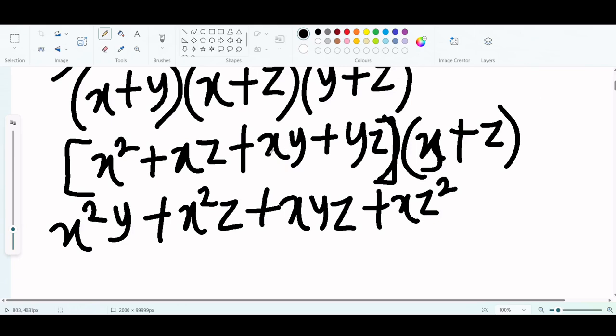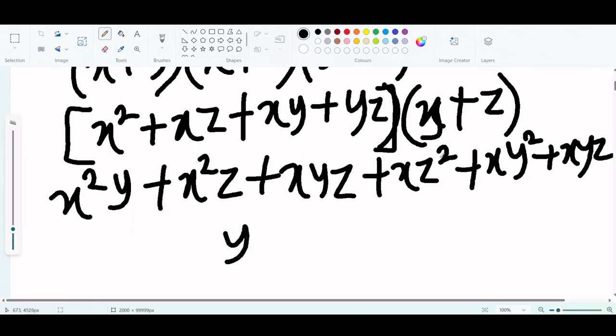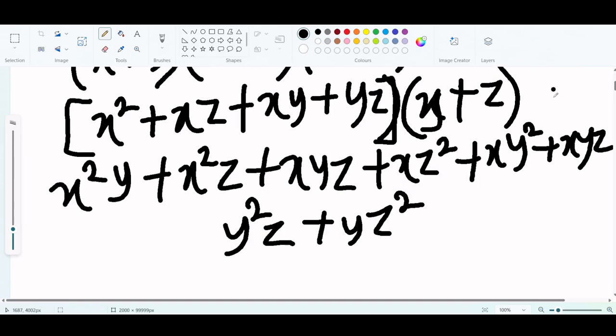So now xy times y is going to be xy squared. Then xy times z is going to be xyz. Okay? Also, when we say yz times y, it's going to be y squared z. So yz times z is going to be yz squared. So do we understand that?